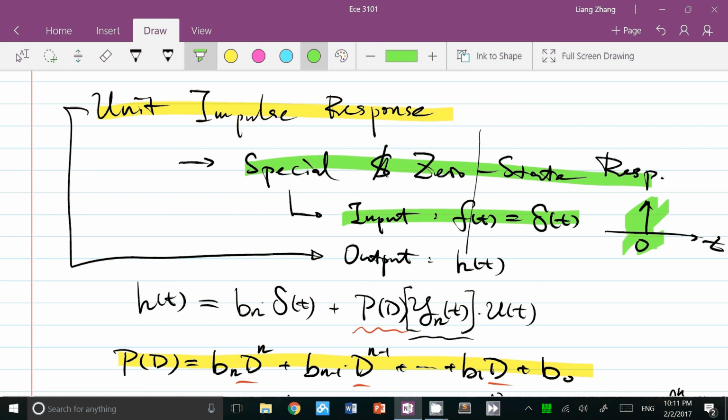Always keep in mind that when we talk about h(t), the impulse response, it always implies that you already know what the input signal is, your delta function. This is very important. We're going to use this particular hidden assumption in a number of cases. So keep this in mind.